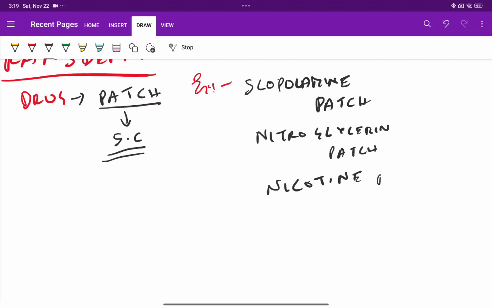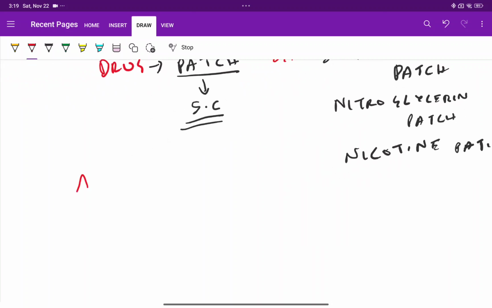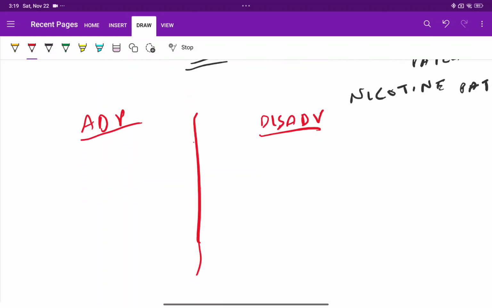Next, let us discuss about the advantages and disadvantages of the transdermal route of drug administration. See, simple, it is bypassing the first pass metabolism.